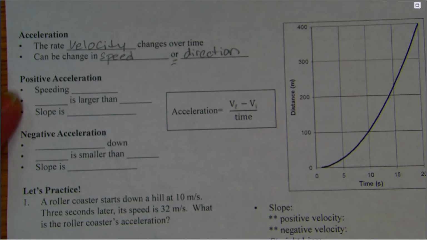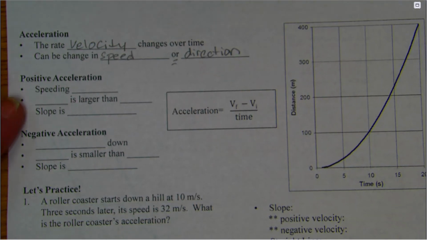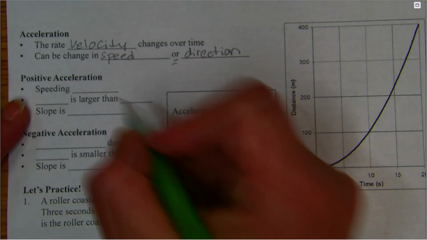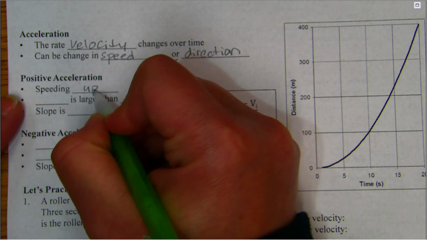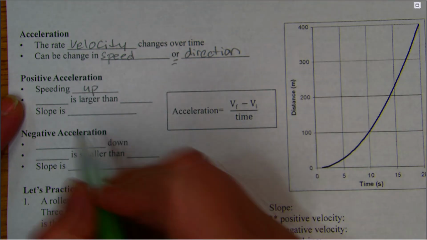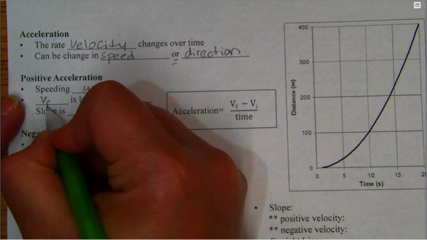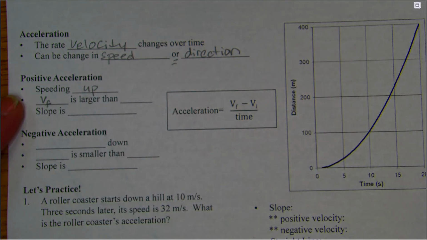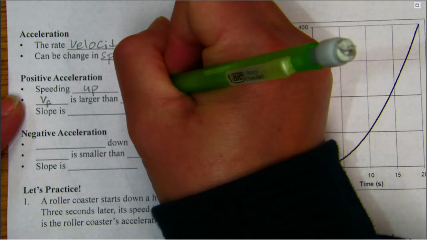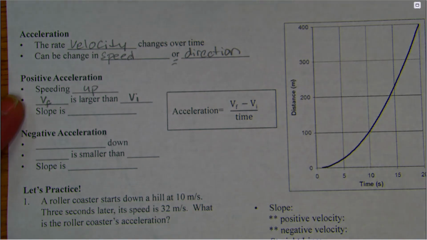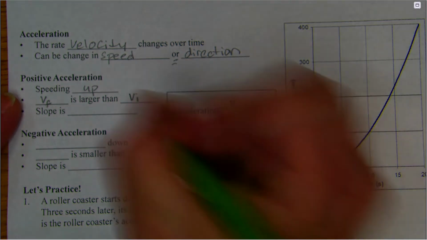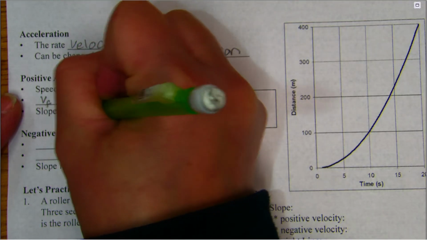So we can have either a positive or a negative acceleration. A positive acceleration means something is speeding up. So therefore, the final velocity, which we're going to write as VF, is larger than the initial velocity, which is VI, and our slope will be a positive slope.